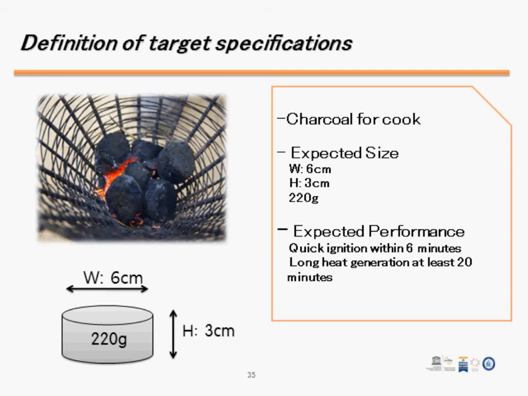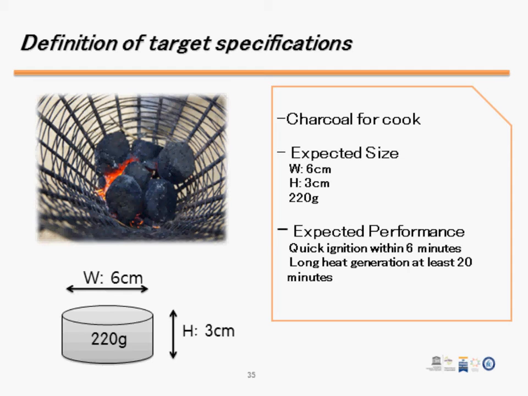And once flexibility is tested, then the production capacity must be determined. This is called the definition of target specification. How large will the size be, or how efficient should the fuel be?